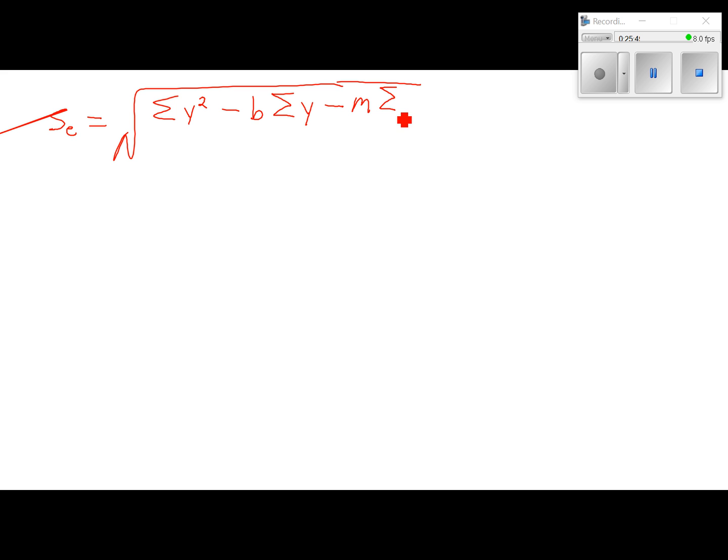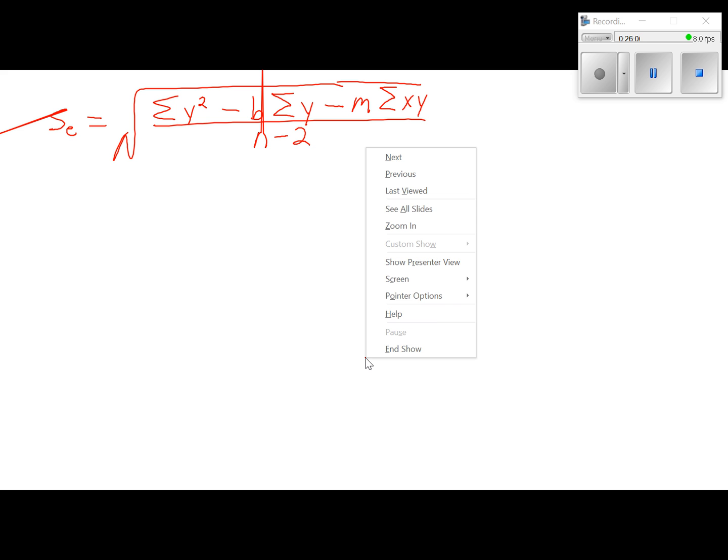The other formula is SE equals the square root of the sum of the y squared minus b times the sum of the y's minus m times the sum of x times y, all over our degrees of freedom, which is n minus 2.